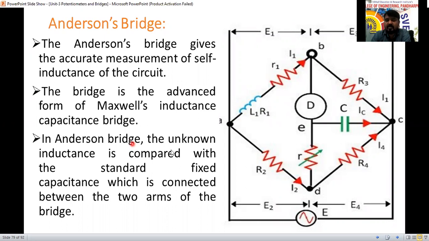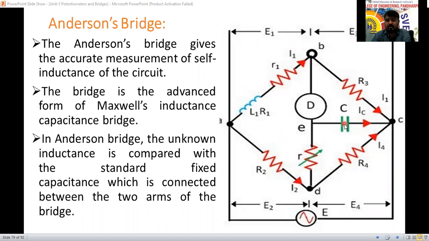In the Anderson bridge, the unknown inductance is compared with the fixed capacitance, which is connected between two arms of the bridge. This self-inductance, or unknown inductance, is compared with this capacitance.